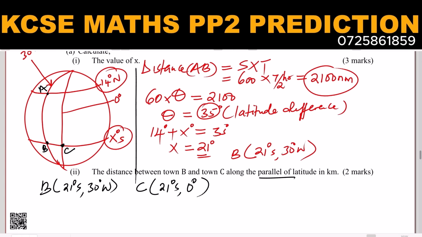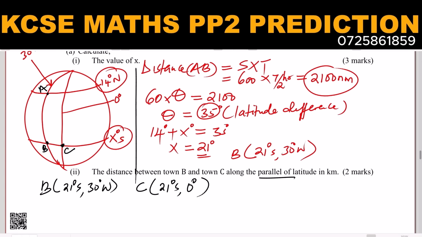So after getting that angle, the longitude difference, you're going to use that to calculate the distance, and you need to understand which type of distance that is from C to D passing through the south. That will be the distance along the great circle.